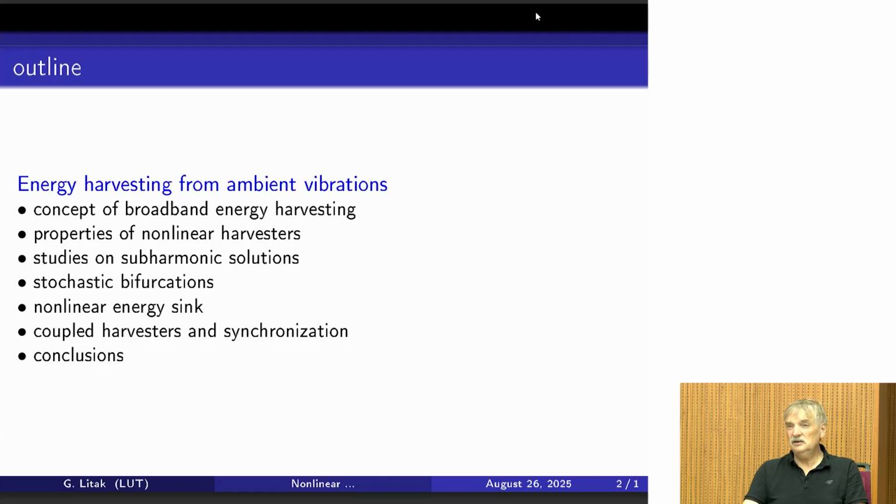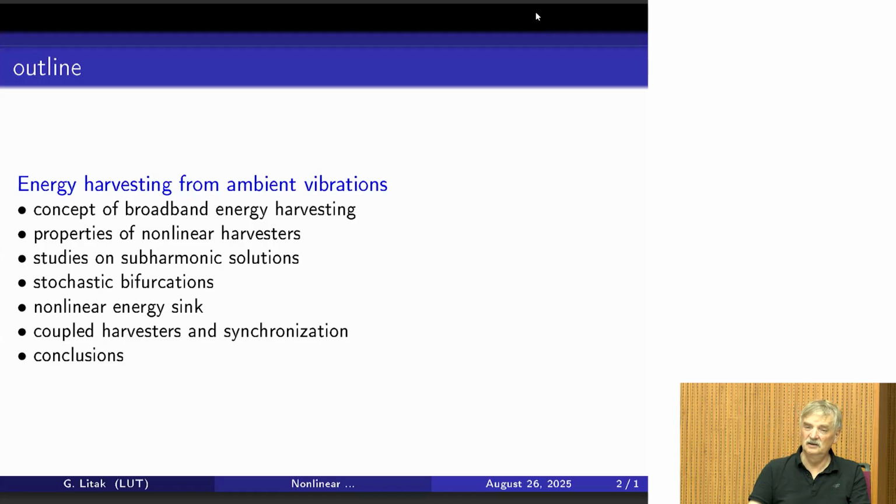So one possibility is to couple a few harvesters to get a better response, and then synchronization could be important. I'm not saying that this is the main topic, because sometimes you need to do some work with power electronics, and power electronics is also useful for us. However, the synchronization phenomenon is very similar to resonance.